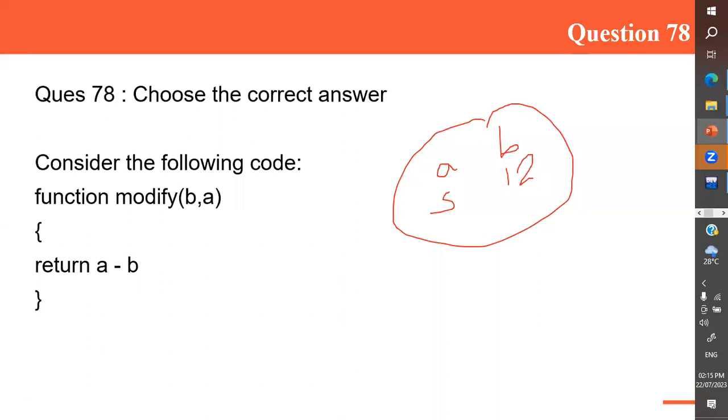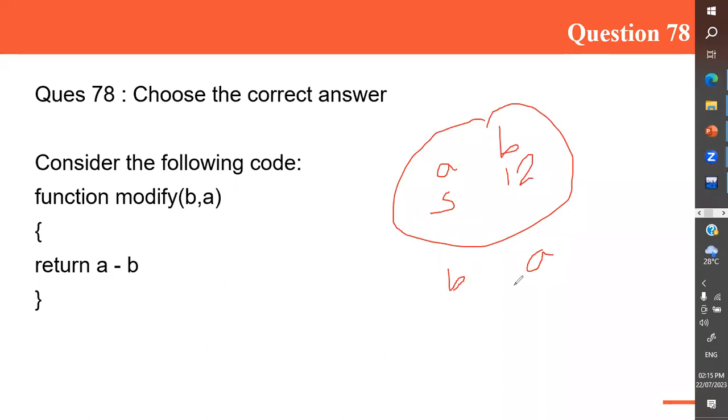Please try. In the actual function, A value was 5, B value was 12. But here we are taking it as B comma A. That means in the copy of the function, B value is 5, A value is 12. Agreed? Then we are returning A minus B.